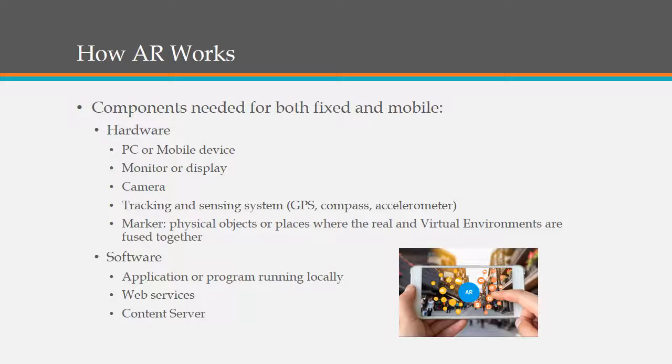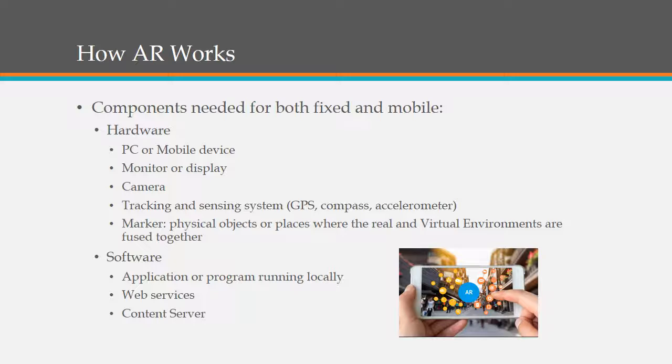The first listed is hardware, which can consist of computers, either a PC or mobile device, a monitor or display screen, a camera, a tracking and sensing system such as GPS, a compass or accelerometer, a network infrastructure, and a marker. A marker is a physical object or place where the real and virtual environments are fused together.